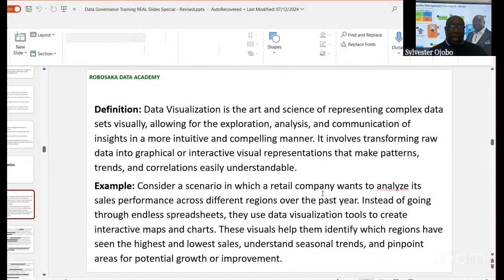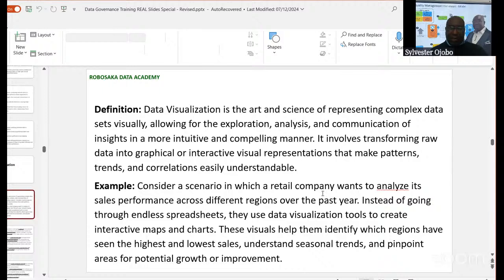So by allowing for exploration, analysis, and also communication of understanding in a more intuitive and compelling manner. And you do this by using the data you have transformed and putting them into graphical and interactive visual representation.